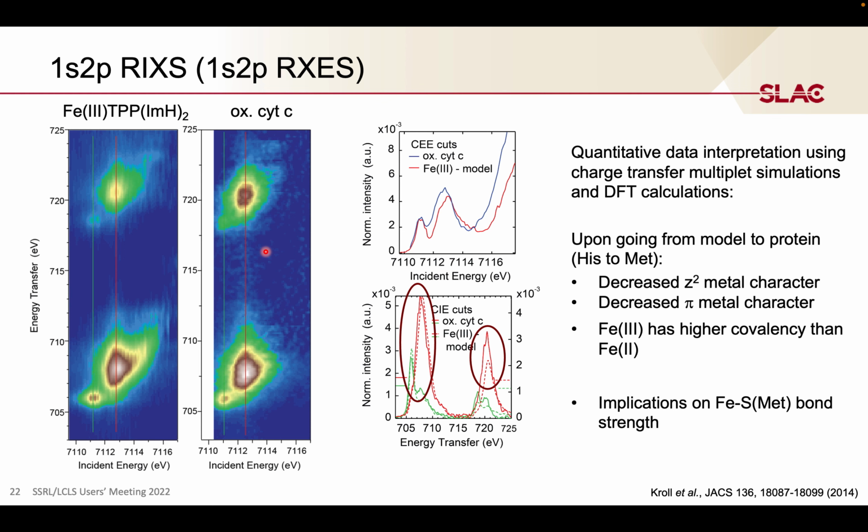And when you go from His to Met, you find decreased d z-squared metal character, and a decreased pi metal character. You also find that the iron 3 has a higher covalency than the iron 2. And when you take this all into account, coupled with the DFT calculations, you find that there's quite some implication on the iron sulfur, which is from the thioether ligand, in that it affects the bond strengths. And you can get quite some information about the bond strengths and also the spin state.